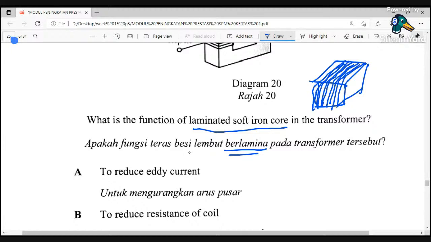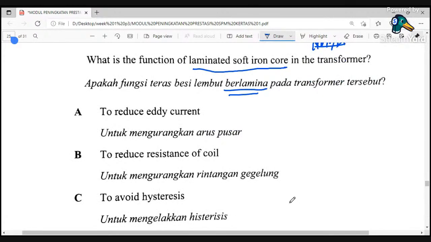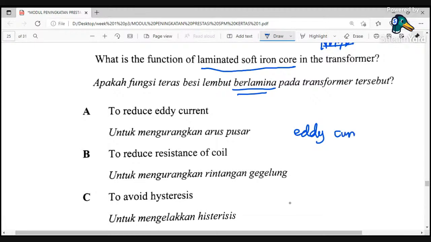So what is the function of this laminated soft iron core? Now we look at the factors that cause energy loss for transformer. One of it is eddy current. What is this eddy current? Eddy current is a small current produced in the core itself. Normally the induced current produced in the secondary coil wire. But now in the core itself, dalam block itu sendiri.